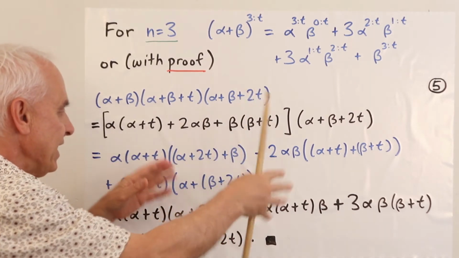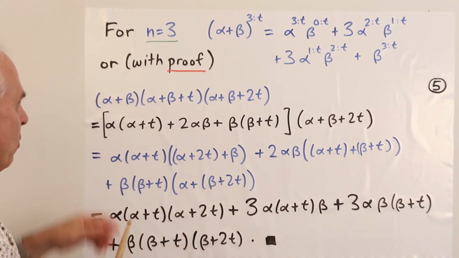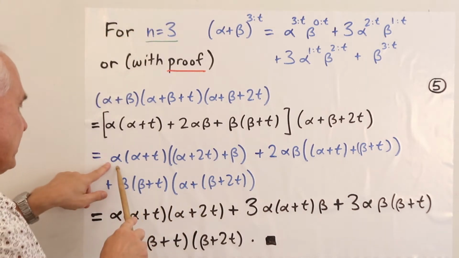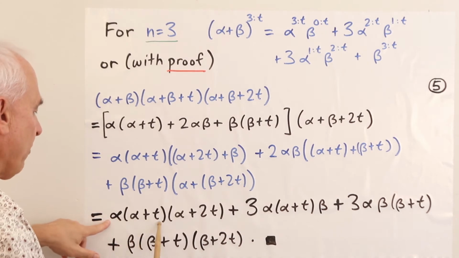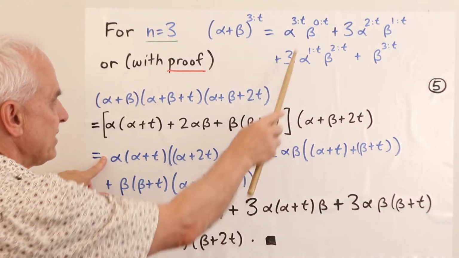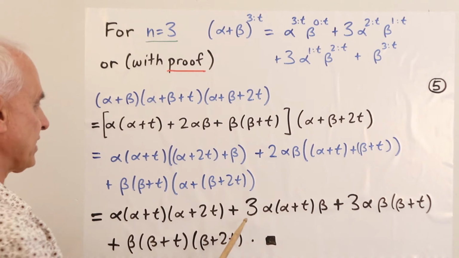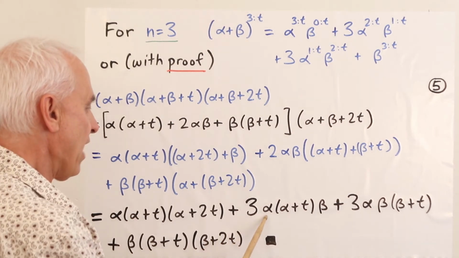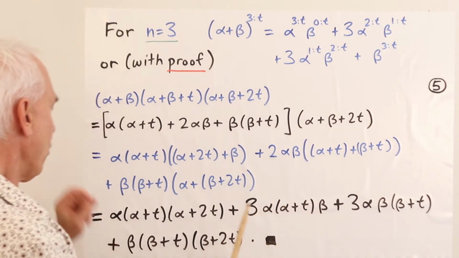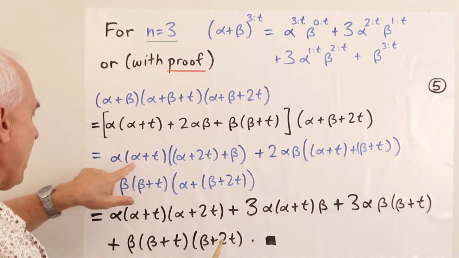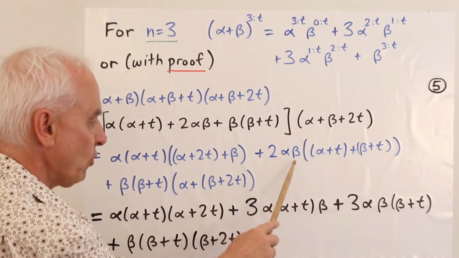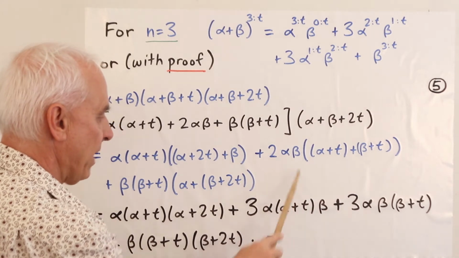And now it's easier to see that when we expand, we are going to get what we want. So this first thing here gives us an alpha times alpha plus t times alpha plus 2t. That's that thing there. Plus 3 alpha times alpha plus t beta. So we're getting one of them from here, alpha plus t beta, and another 2 of them from here, alpha plus t beta.